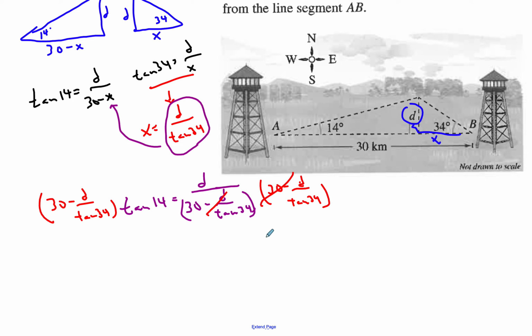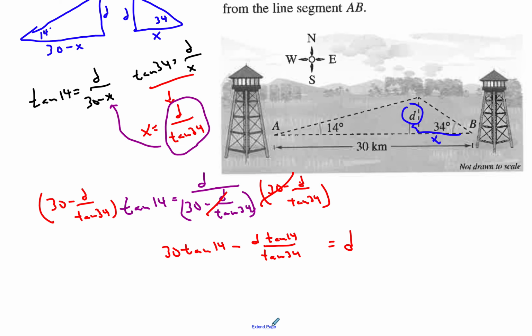This will cancel, and I'll have D equaling, well, I'm going to distribute the tangent, so it would be 30 tangent 14 minus D times tangent 14 over tangent 34.